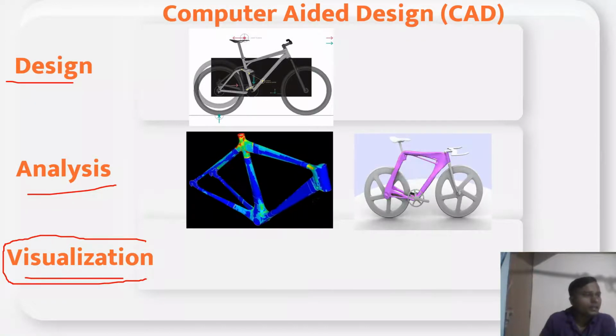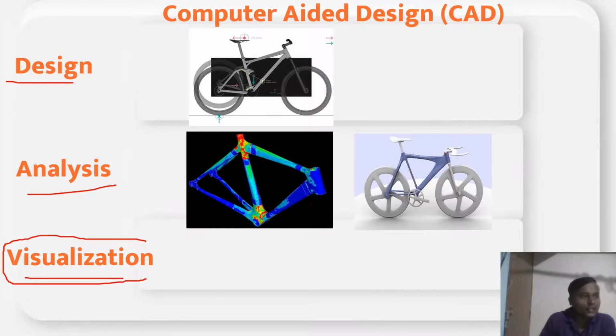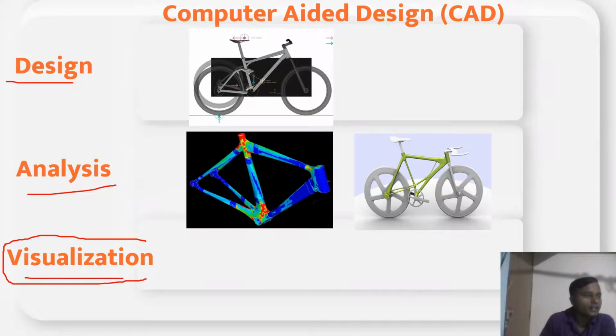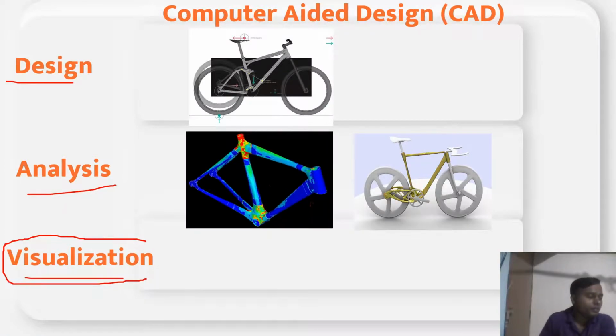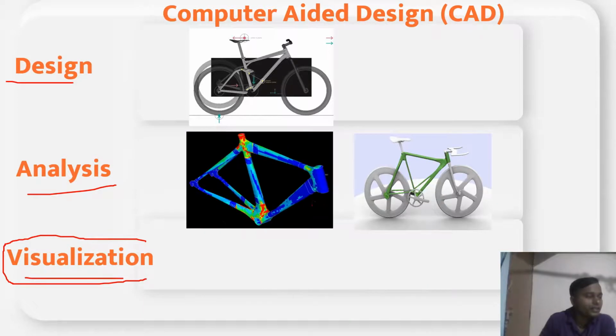Last one, visualization. Visualization refers to computer graphics, which includes rendering of the model, creation of charts, contour plots, standard model sizing, and animation. For example, we are seeing the visualization with the help of software.